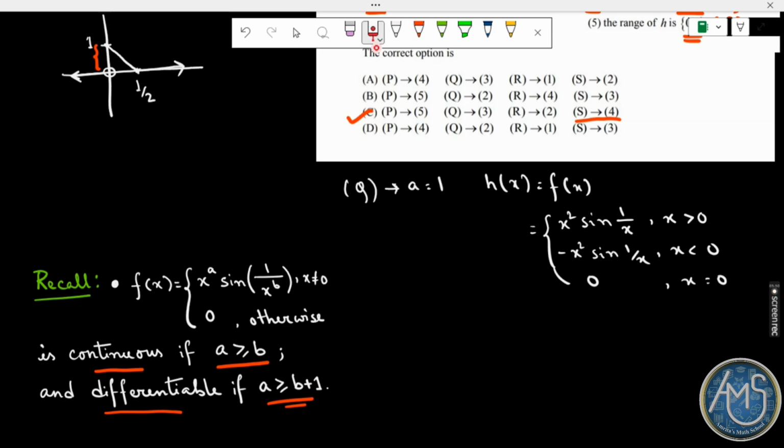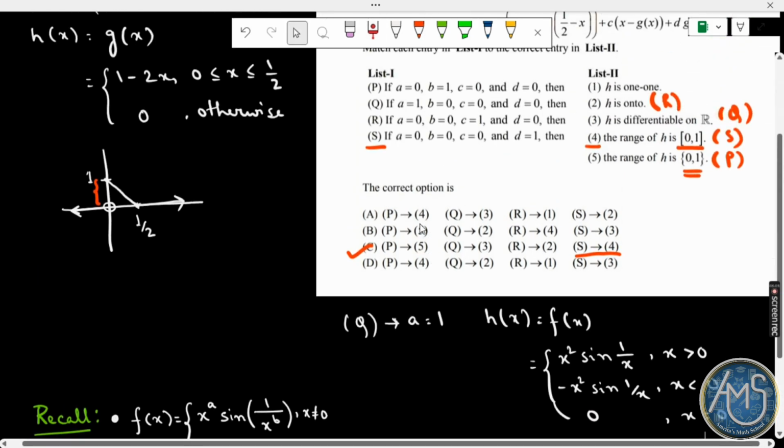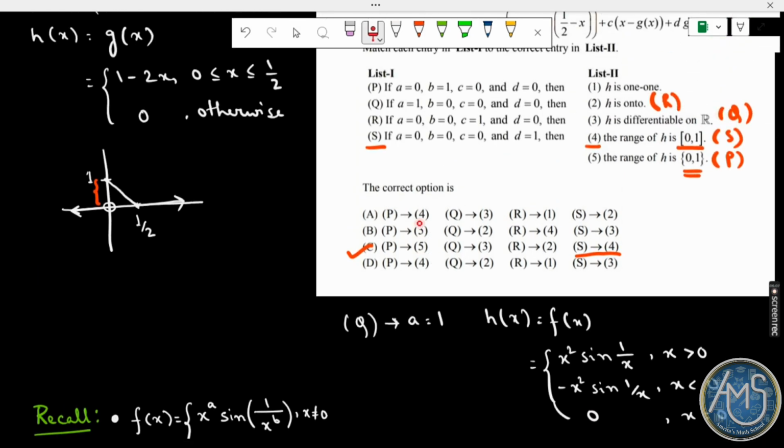So it is clearly visible that the power of x is one more than the power of the x in sin(1/x). So we can say this condition holds, so h(x) will be differentiable. So here also we have seen that for q, when a is 1, the function is differentiable.